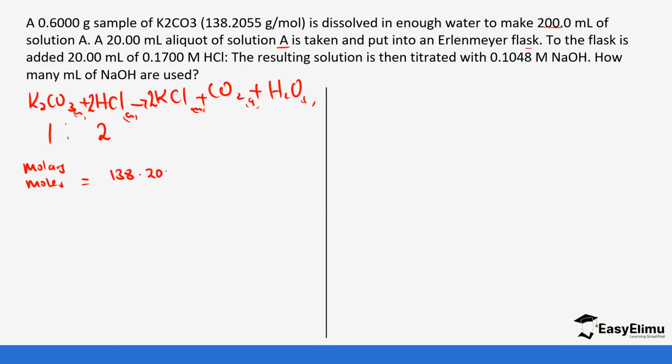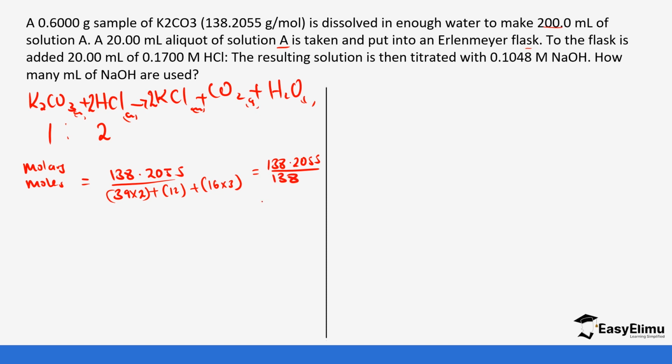The molar mass of potassium carbonate is going to be 39 times 2 plus 12 plus 16 times 3, which is going to give us 138.2055.